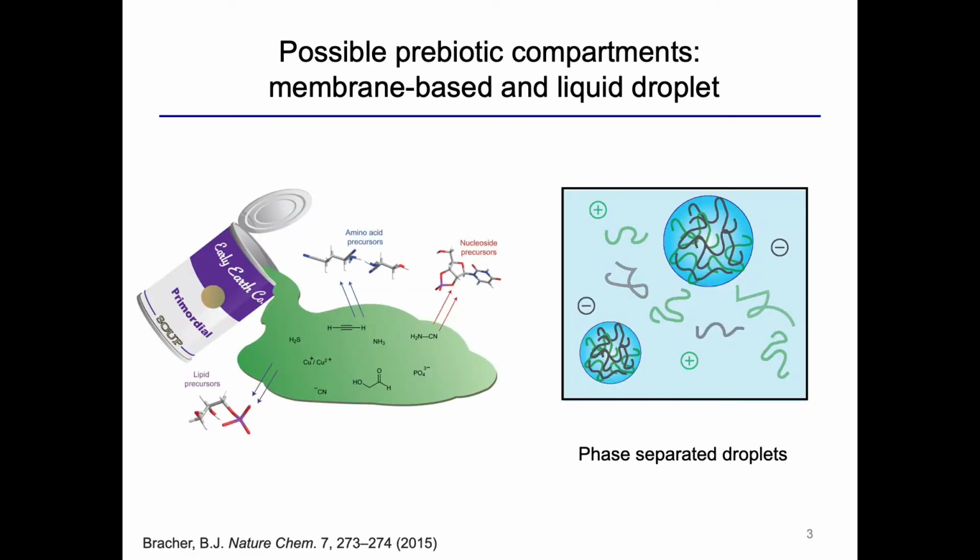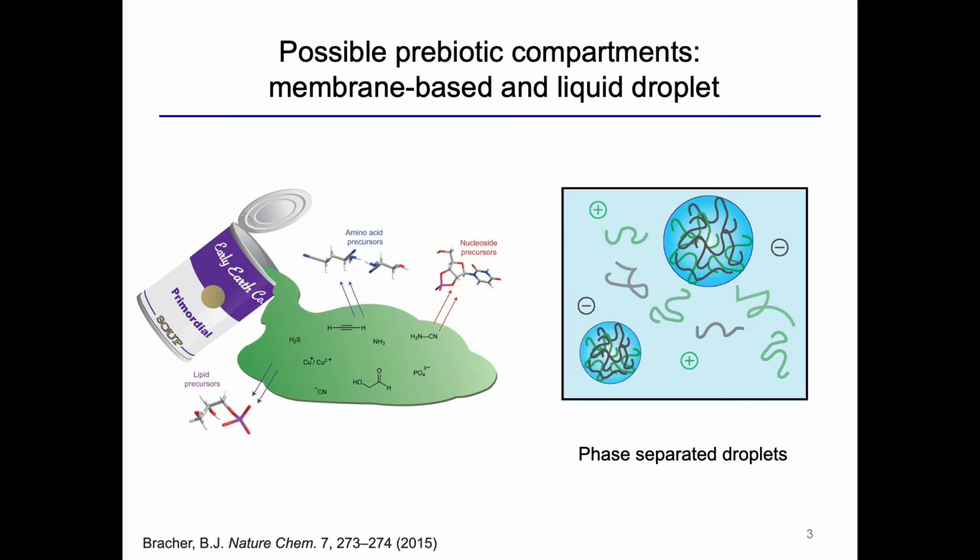There are two possible types of prebiotic compartments: membrane-based and liquid droplets. You can have your biomolecules compartmentalized in these little droplets, or you can have lipid vesicles, and you can actually load these lipid vesicles with biomolecules.